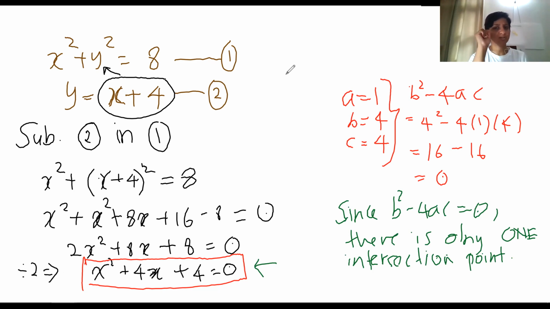We will have a look at a few questions where this, I mean, checking using the discriminant to understand how many intersection points there are, is tested next time, and we will learn the equation of the circle. We used it already here to find intersection points, but we will learn the equation of the circle next time, and maybe next time we might be able to finish coordinate geometry.